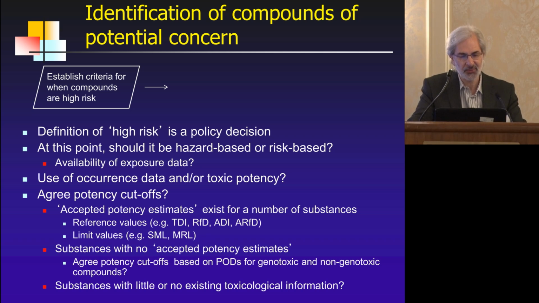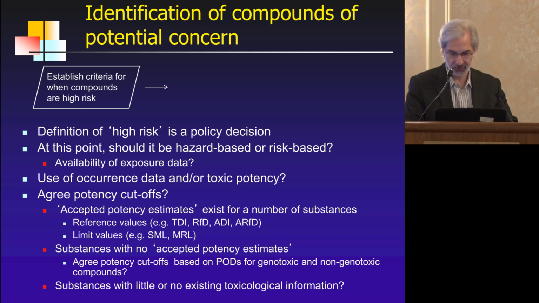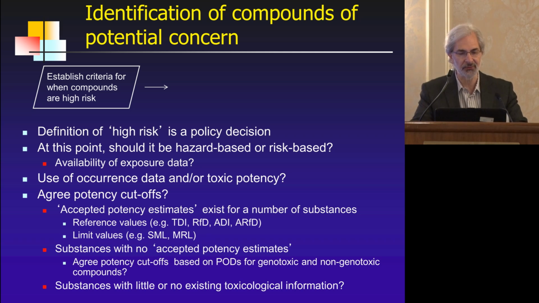But what about substances with little or no existing toxicological information? And this is going to be a real problem. We know all about the efforts that have been put in to develop non-animal methods, so-called in silico and in vitro.